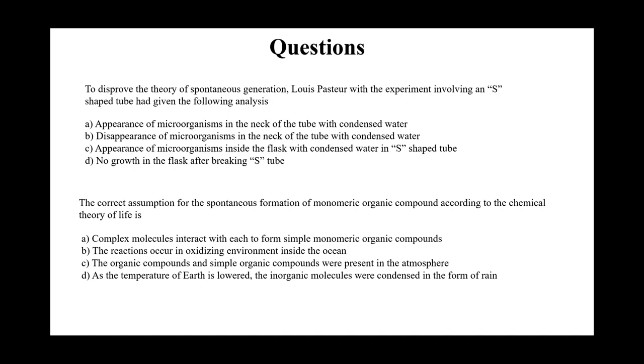And the other question is: the correct assumption for the spontaneous formation of monomeric organic compounds according to chemical theory is: complex molecules interact with each other to form simple monomeric organic compounds; reactions occur in an oxidizing environment inside the ocean; the organic compounds and simple organic compounds were present in the atmosphere; and as the temperature of the earth is lower, the inorganic molecules were condensed in the form of rain.